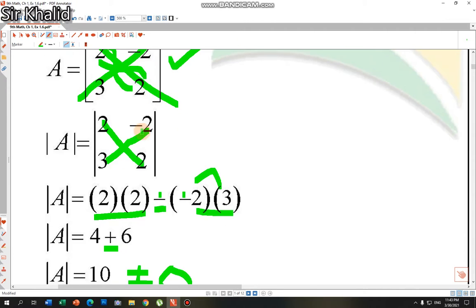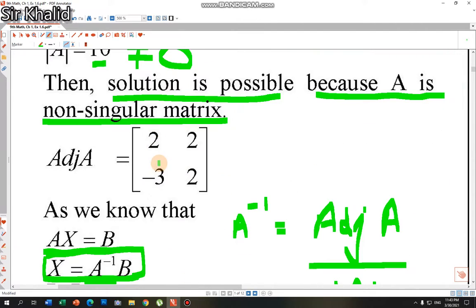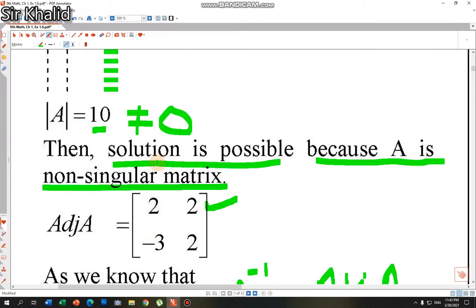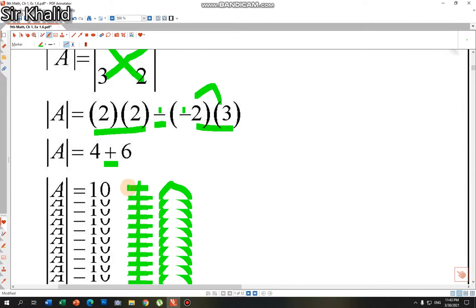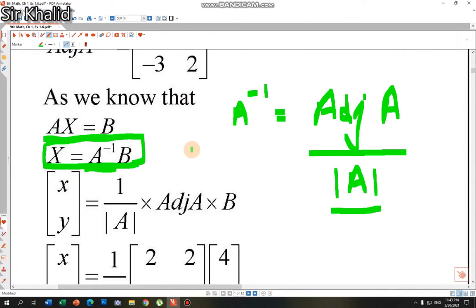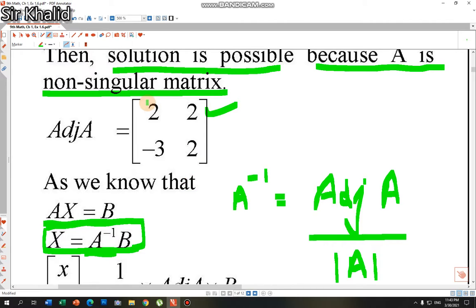If here it is minus 2, it will give you plus 2. Here it is plus 3, it will give you minus 3. Now you calculate the adjoint of A also.